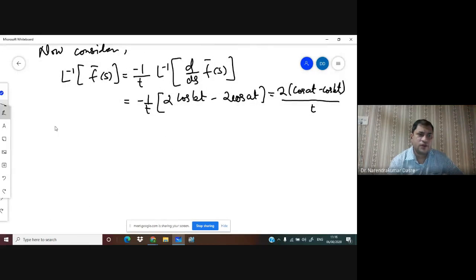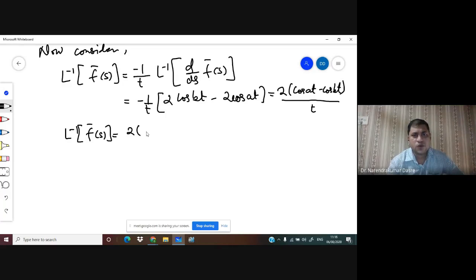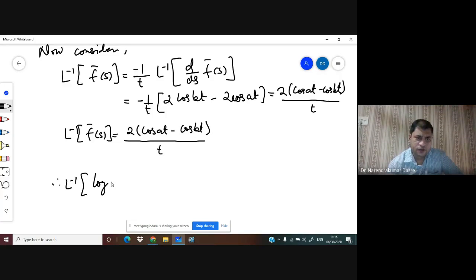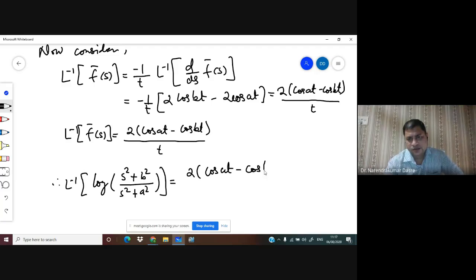So this way we are able to get inverse Laplace transform of f bar of s is equal to twice cos of at minus cos of bt upon t. And hence we got inverse Laplace transform of log of s square plus b square upon s square plus a square is equal to twice cos of at minus cos of bt upon t.